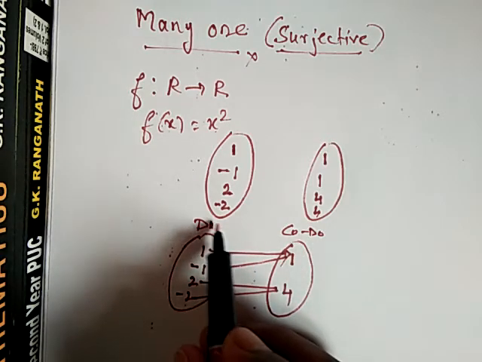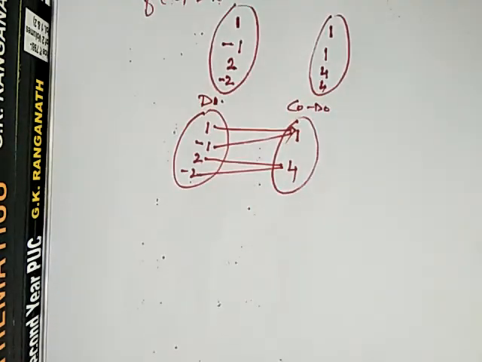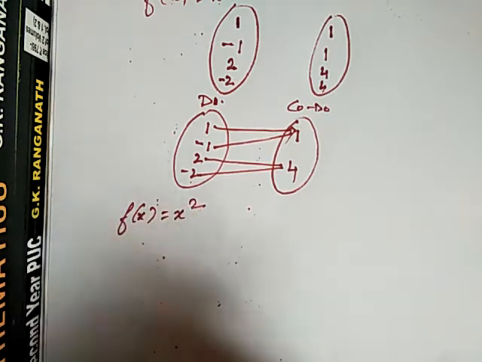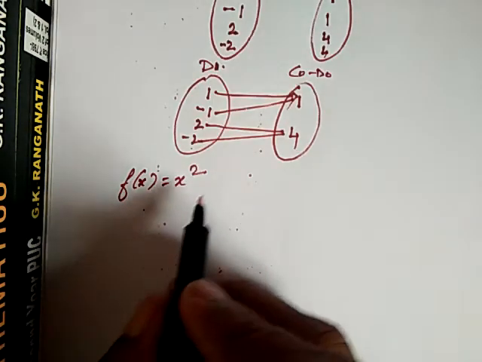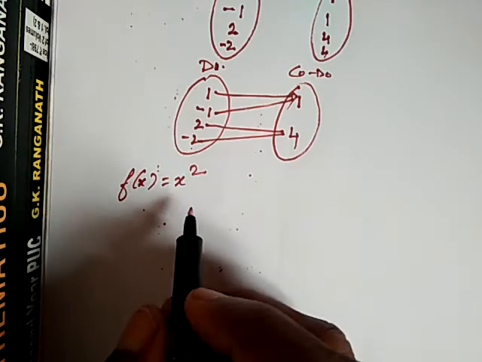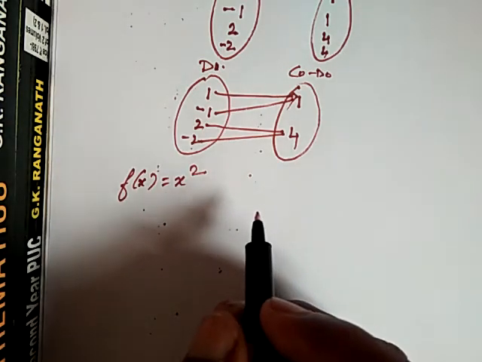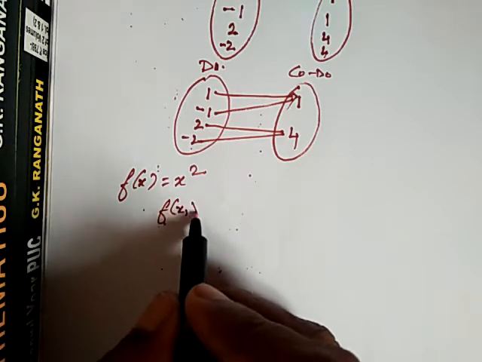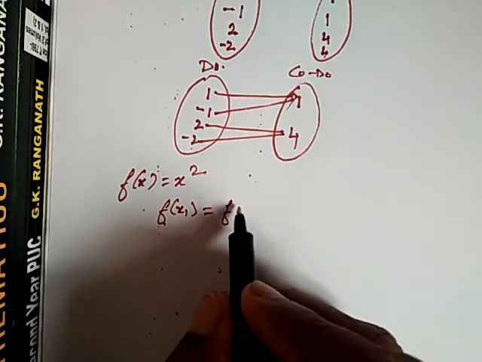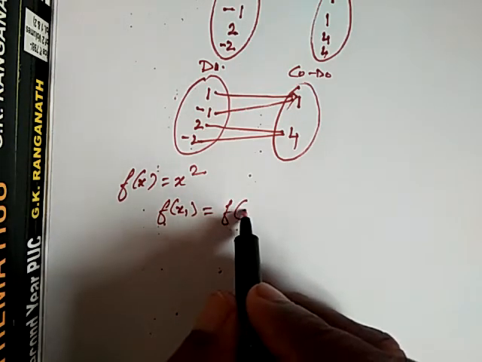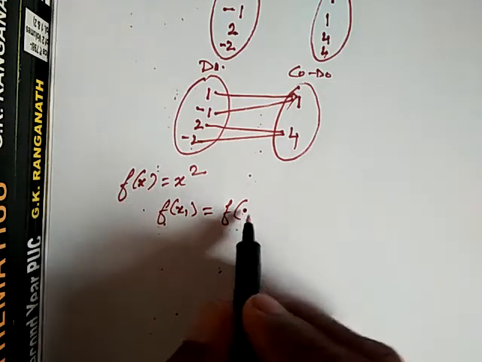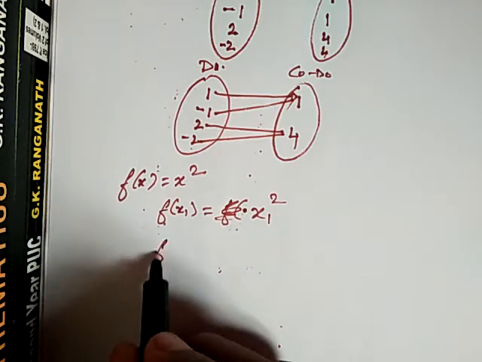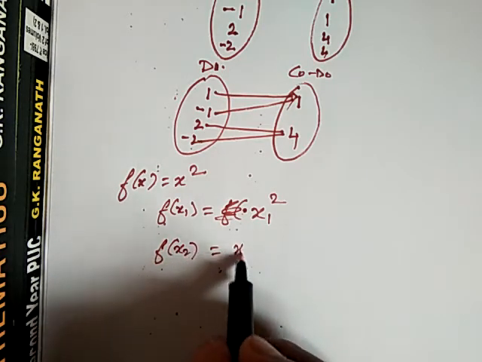Now see, for example, here we have considered f of x is equal to x square. As we studied in one-one injective, if you put x1 and x2 and consider f of x1 is equal to f of x2, then f of x1 will be x1 square and f of x2 will be x2 square.